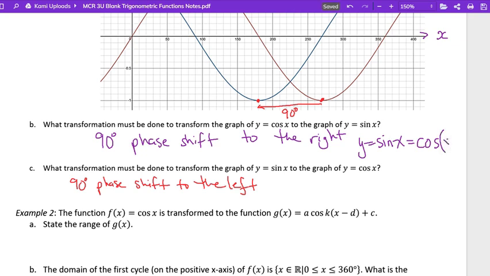Well, it goes in the location of d. And because it's to the right, sine x equals cos of x minus 90. Now, using this example, write an equation for part C. It's going to look really similar, except that we're equating it to cos.